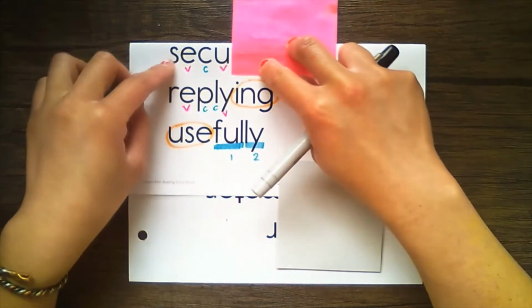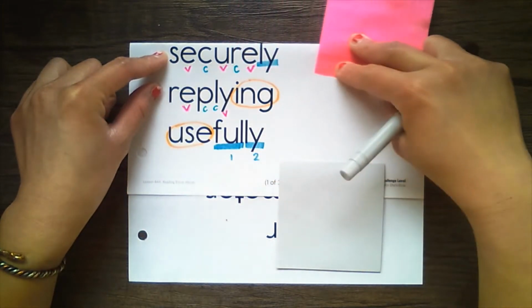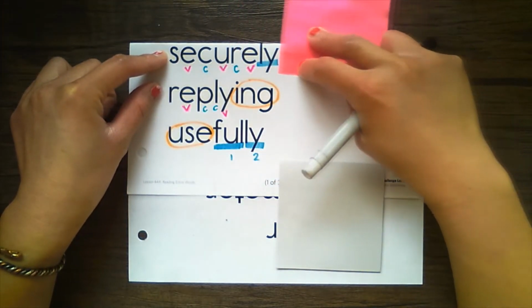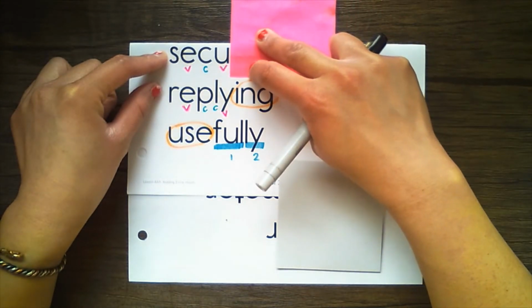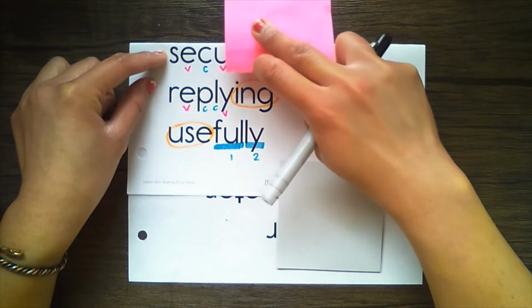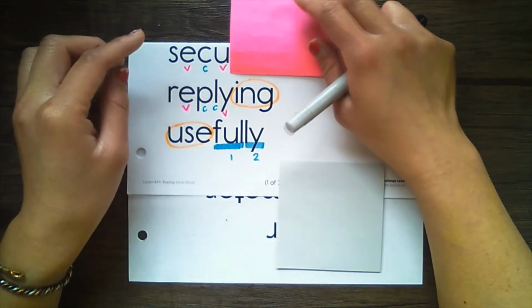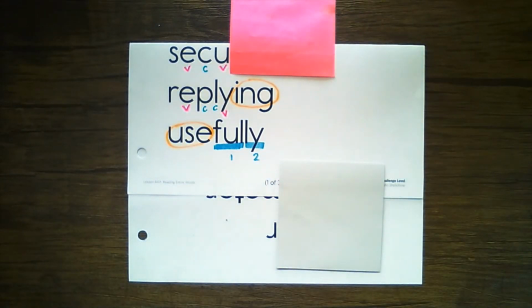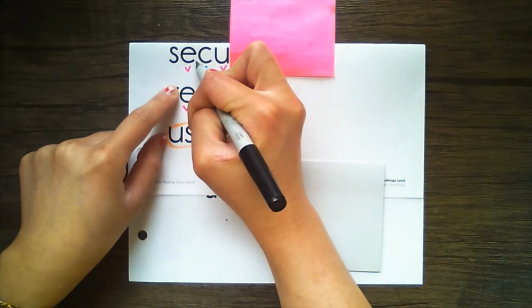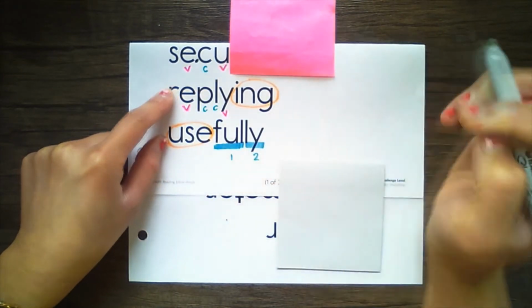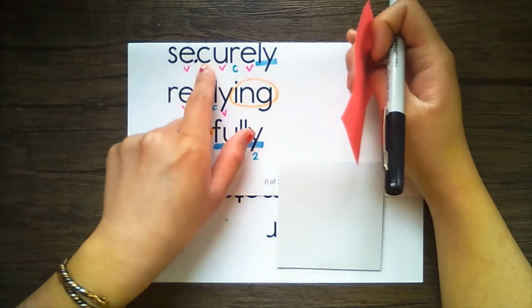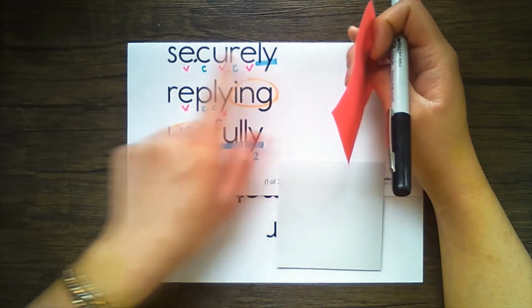And you usually have to figure that out thinking about the whole word. Okay, in this word, we are going to split right before the consonant. So instead of it being sec, yearly, it's going to be se.